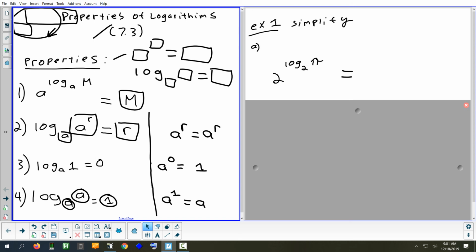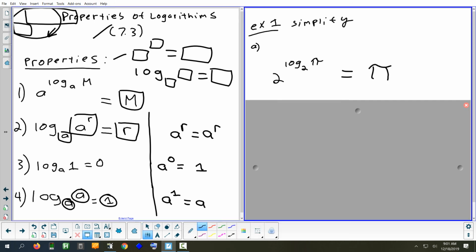Now, using property 1, what should the answer be? Pi. In this case, a is 2, m is equal to pi. So these cancel out, and all you're left with is that. Now, we don't even know how to type that into a calculator because you don't know how to type in a base 2 log. You don't need to know how to type it in because it's a special pattern. And that's it.